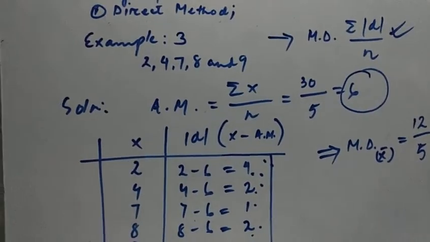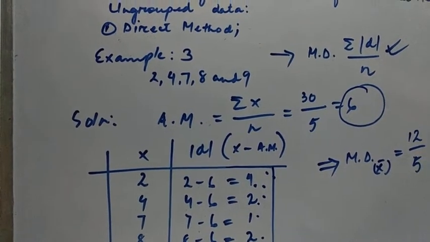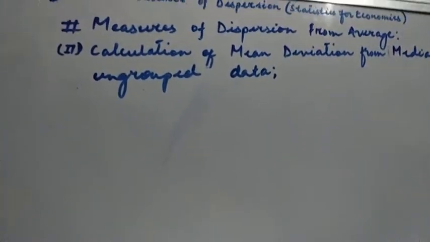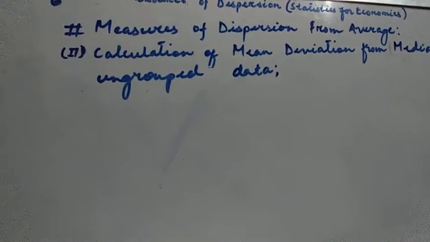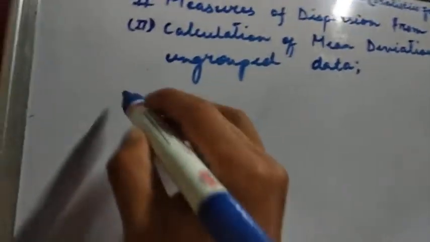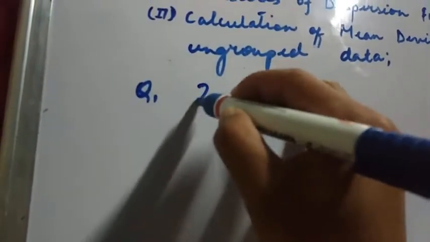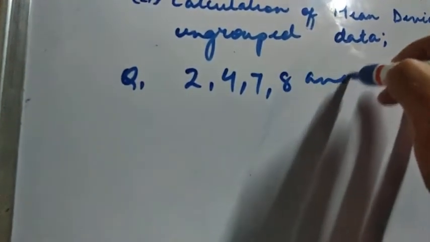So let us find the mean deviation from median. Now it is median, it is not arithmetic mean, for ungrouped data. So calculation of mean deviation from median for ungrouped data. We will use the same numbers, the same question that was given before. So the question is, we have to find the mean deviation from median for the following data: 2, 4, 7, 8 and 9.